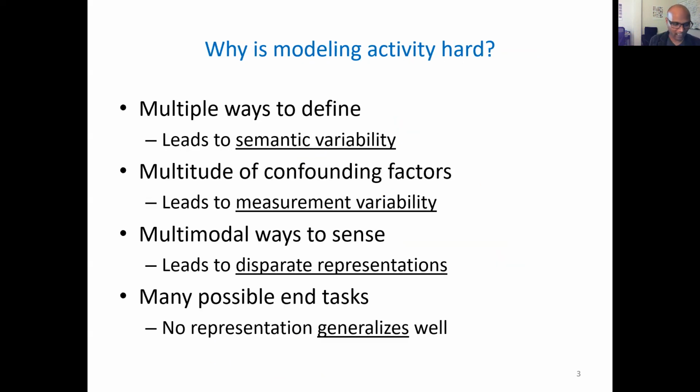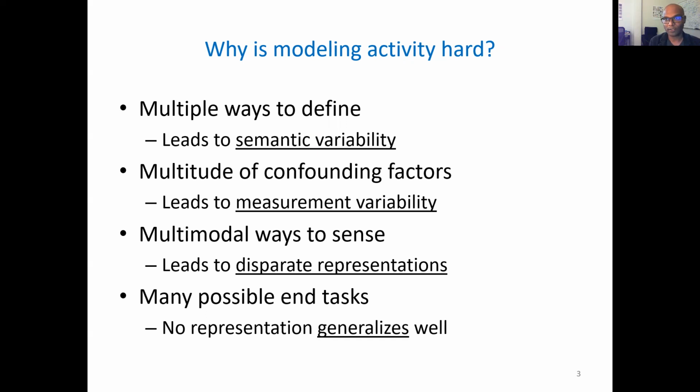So why is modeling human activity hard? I've already kind of provided a hint to you, which is it's first of all very hard to define human activity objectively. You have to define it in terms of what is available for you to sense and what is the complexity of the activity that presents itself.